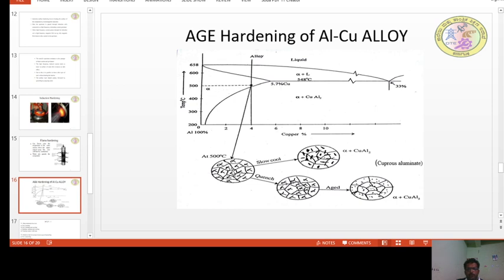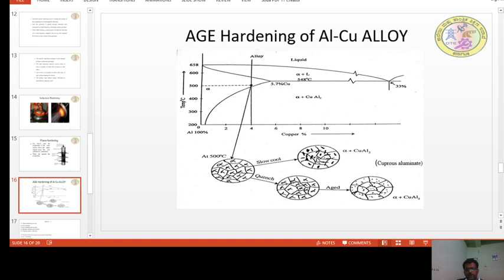Now we have two methods of cooling. One is slow cooling and the other one is quenching or fast cooling. When the cooling is slow, what happens? Grains are formed.